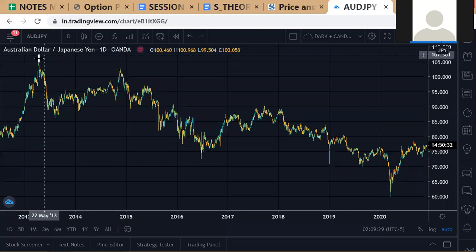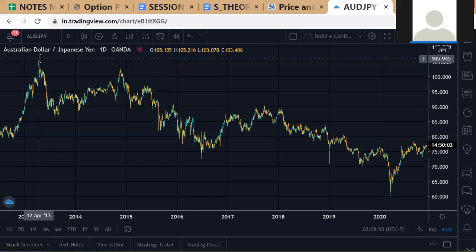So let's say I did this when the Aussie yen was at 105. I borrowed Japanese yen, and when you borrow Japanese yen, you get a flow of Japanese yen in your account. The bank disburses the loan, you get the money in your account. So I take that Japanese yen and I go to the spot FX market and I sell the Japanese yen and I buy Australian dollars.